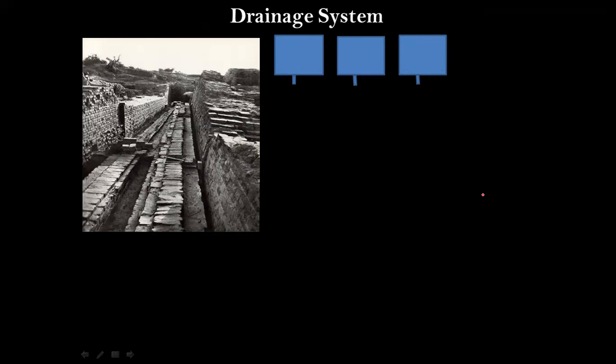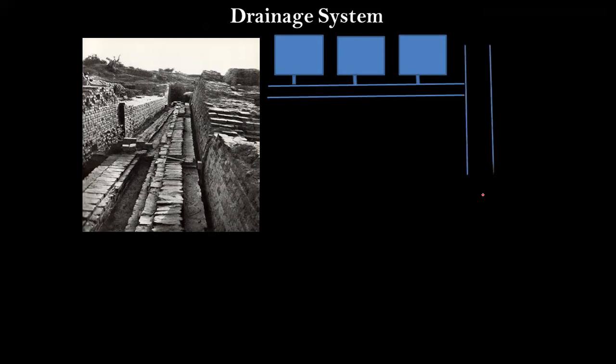These drains will join with the channel that is just near the household, and this channel that collects the waste from the house will go and connect with the bigger drainage system out there.